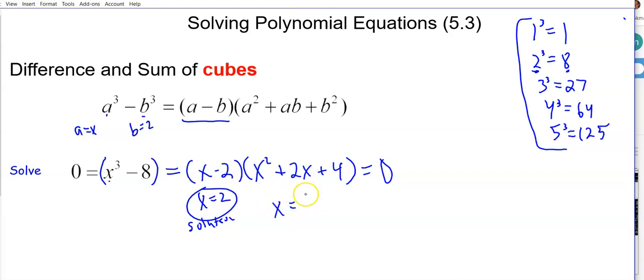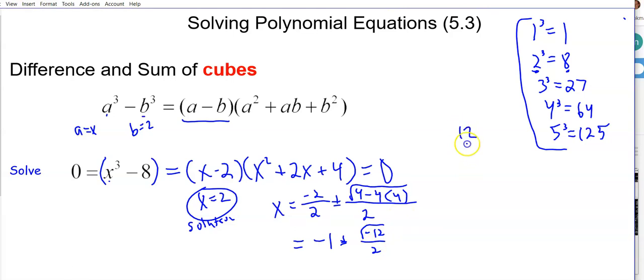So x equals the opposite of 2, over 2 times 1, plus or minus the square root of b squared, which is 4, minus 4 times 1 times c, which is 4. So we get negative 1 plus or minus, 4 minus 16 is negative 12. So the square root of negative 12, over 2.